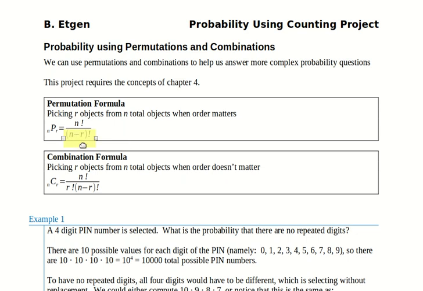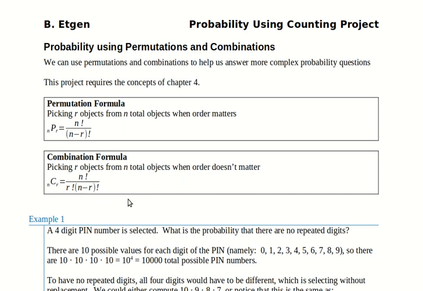And similarly, combinations have an extra factor in the denominator of r factorial, and that's simply saying that you then have to divide out all the ways to order those r members of the committee.